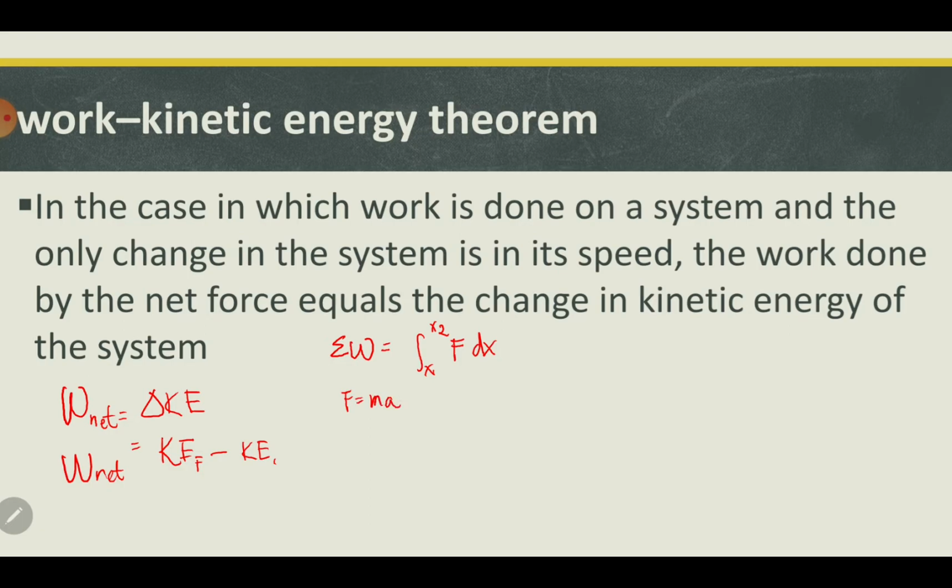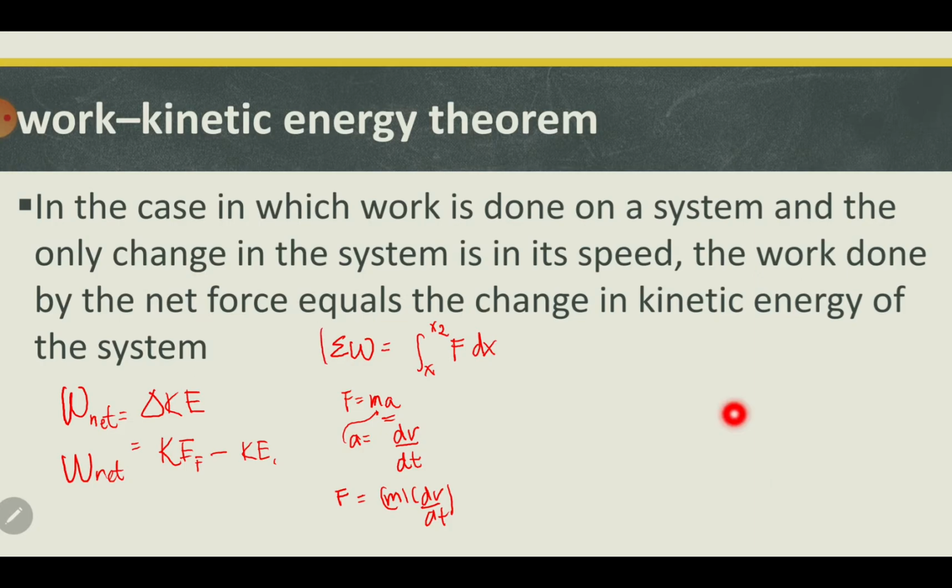In this case, you all know from our previous lesson that acceleration is equal to dv over dt. Substituting this, F is equal to m multiplied by dv over dt.